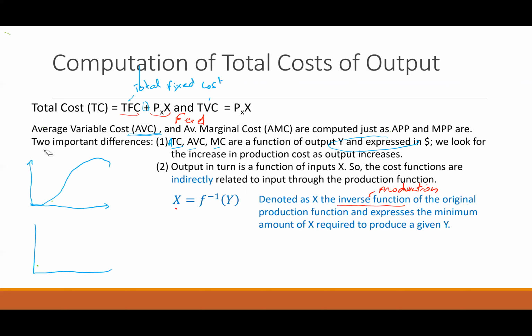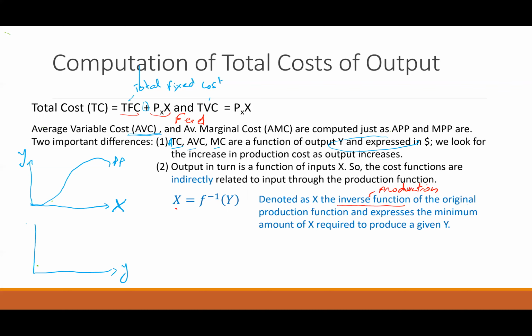it's just the opposite, right? We look at how much Y increases when we are increasing X. So this is Y, output and input. So this is the production function.